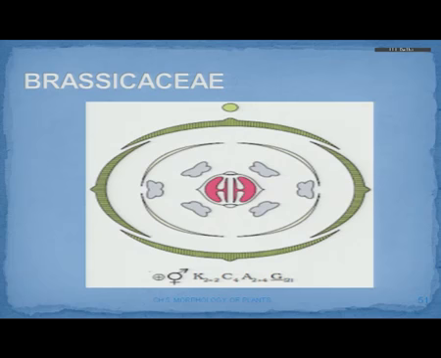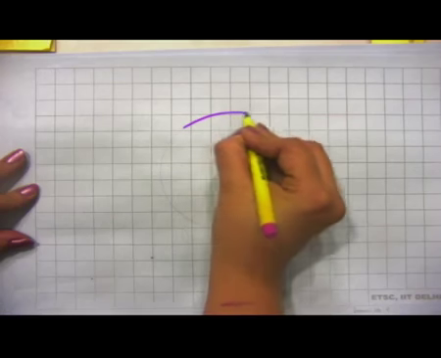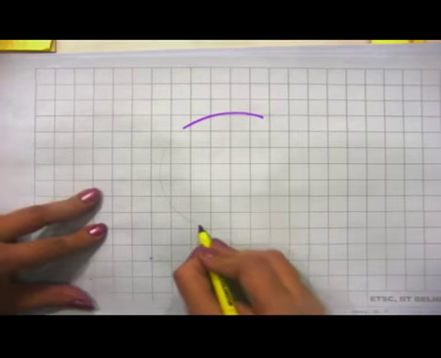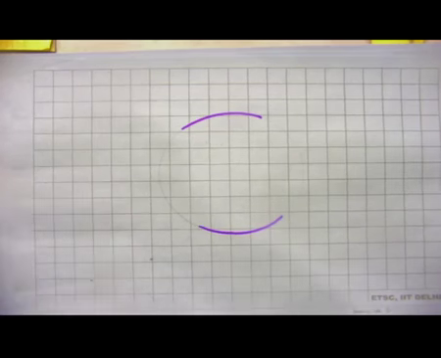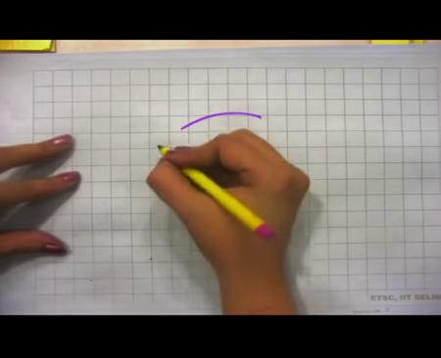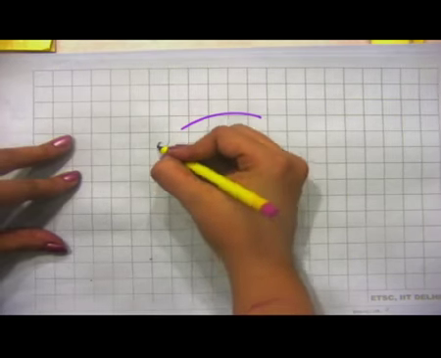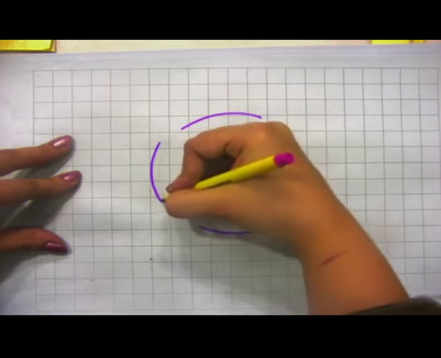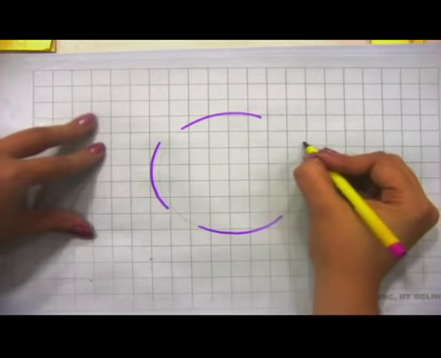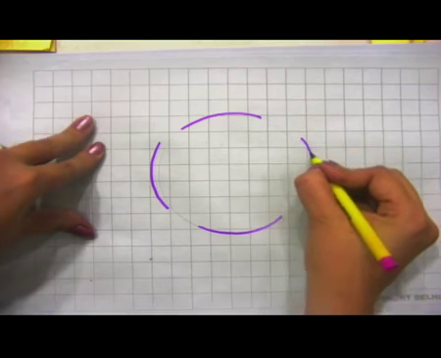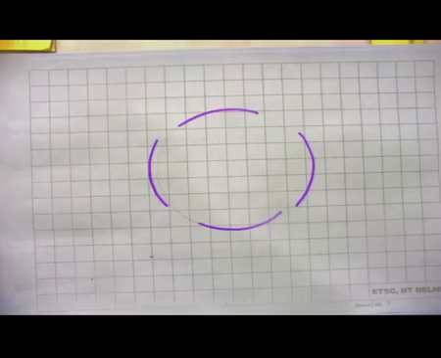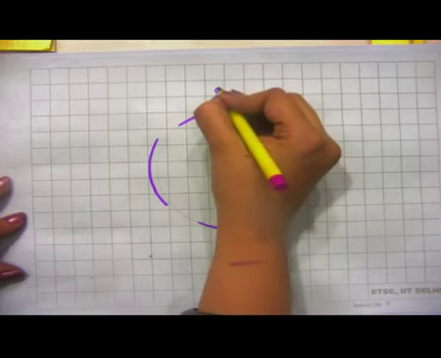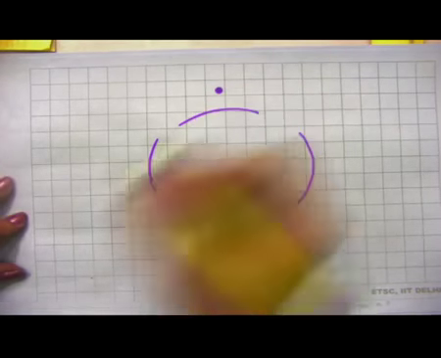It said that there are 4 sepals in 2 rows. So we will draw the 4 sepals, 1 and 2. We will use the same technique that we had used while learning to draw the estivation. 3 and 4. So there are 4 sepals. We show the mother axis by drawing a dot over here.